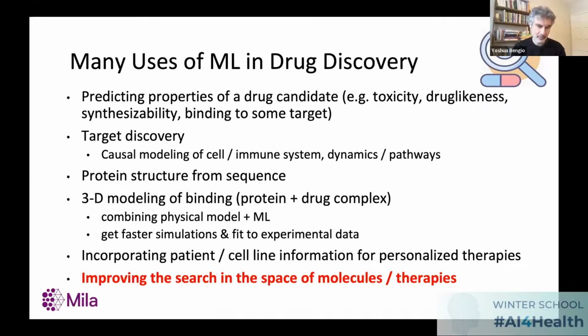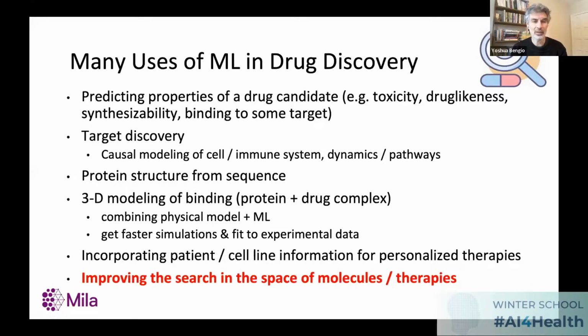But maybe more exciting is helping us understand what is going on, help us figure out new mechanisms in the cells to help guide the search for useful drugs, like which protein should we target, basically. So that's one problem.